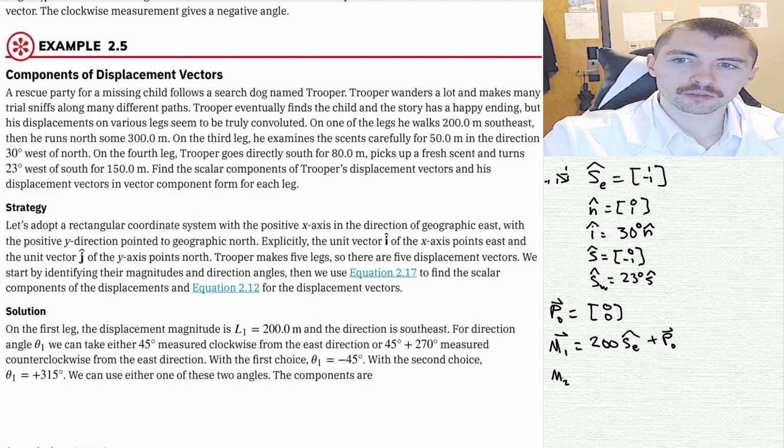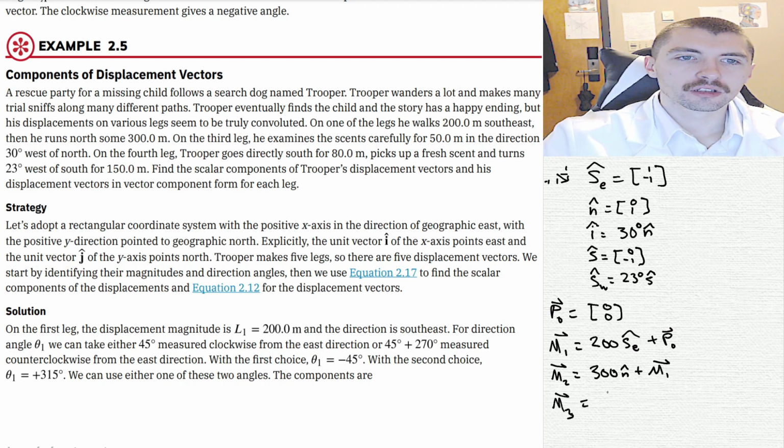Okay. Move 2, he's going 300 north hat plus M1. M3, he goes 50 meters, 30 degrees of north.